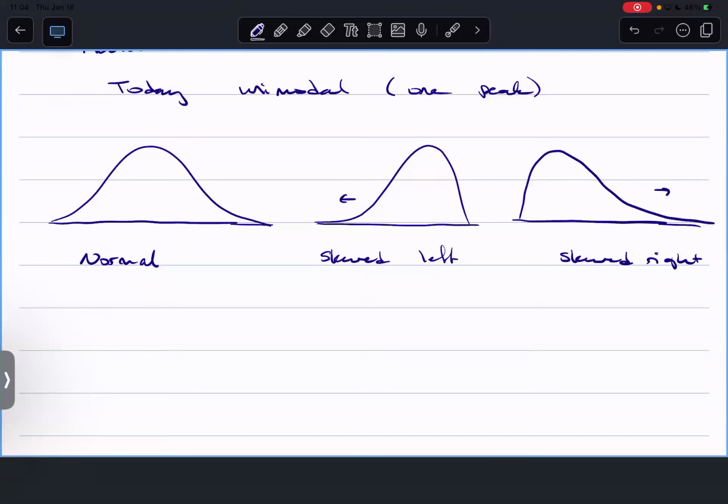And so then what we said last day is, okay, if we have this special case where we have a normal distribution, then the best measures of center and spread that we have are going to be the mean and the standard deviation.